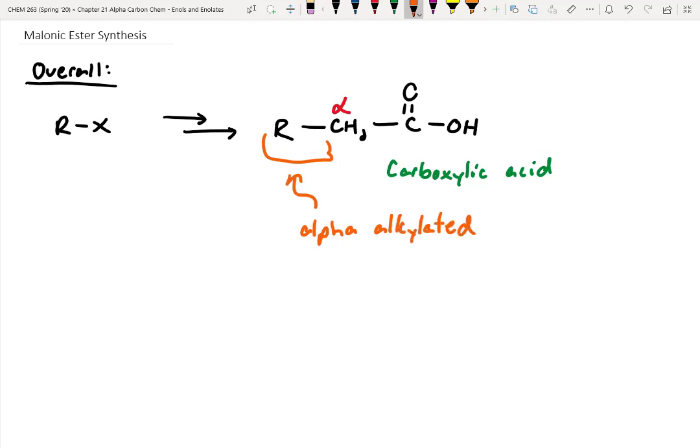All right, so it's a bit different when we think about this, but let's take a look at the overall mechanism and figure out how we can make these alpha alkylated carboxylic acids directly from some sort of alkyl halide.